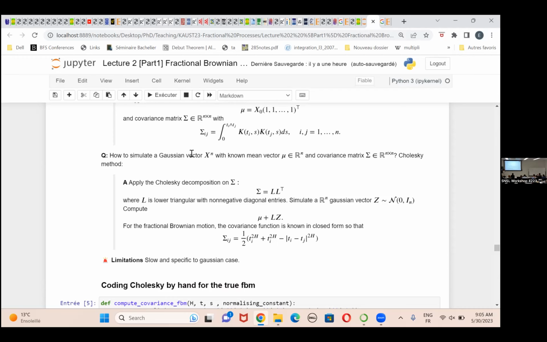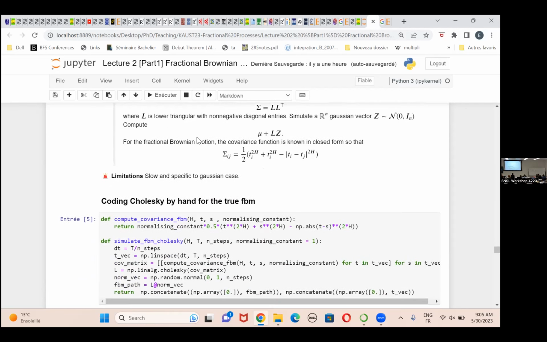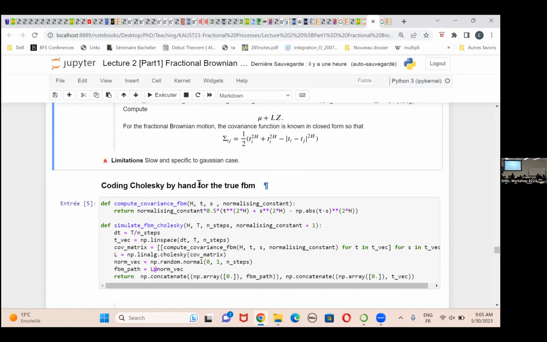Okay, and it's specific to the Gaussian case. We relied heavily on the Gaussian structure. So if you want to apply it in more general setups, it won't work. But what's really nice is that it's pretty easy to implement. What you need is just a function that computes the covariance of fractional Brownian motion, for instance, and then you simulate by simply applying it.